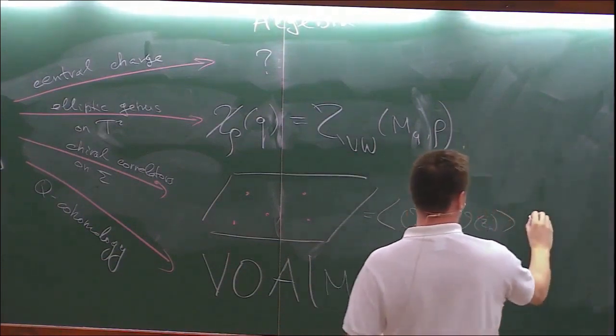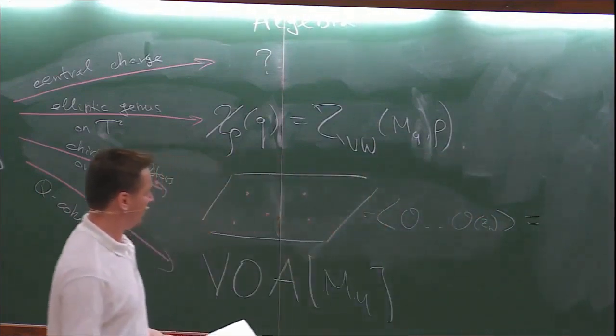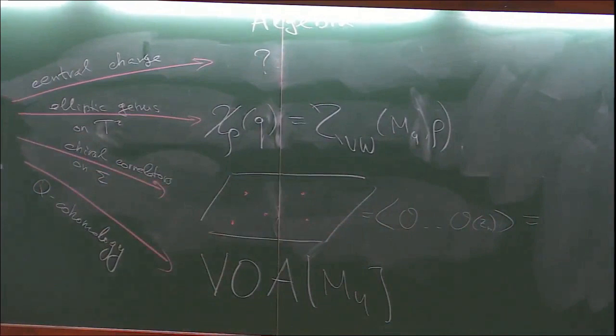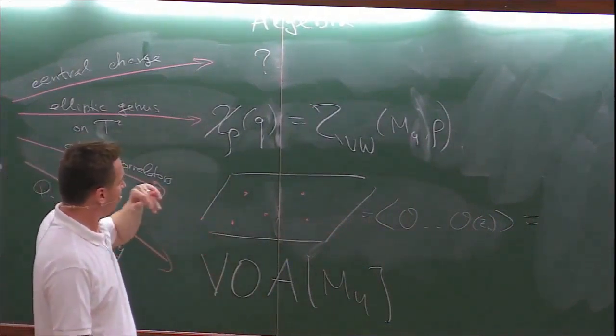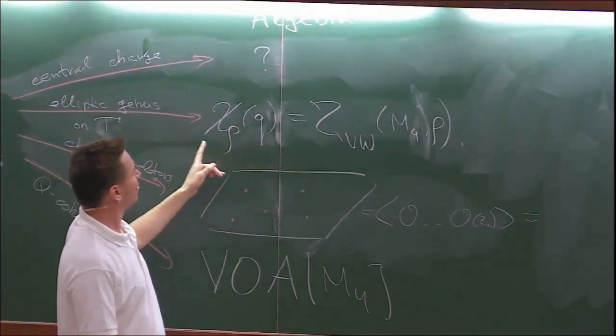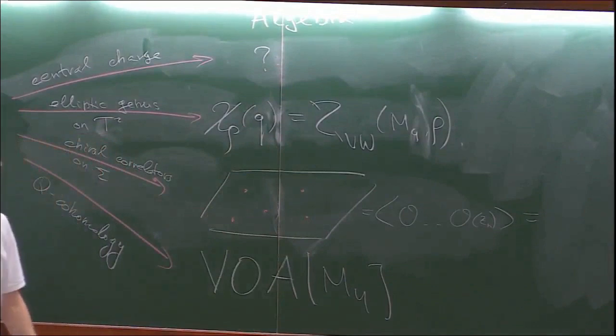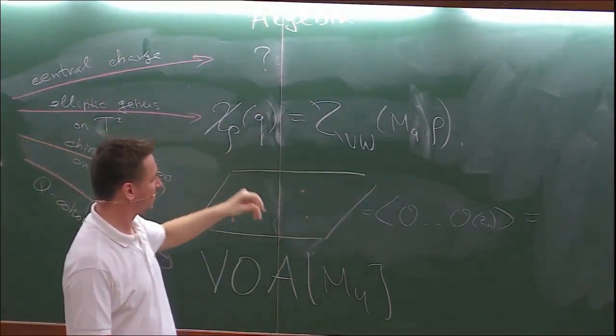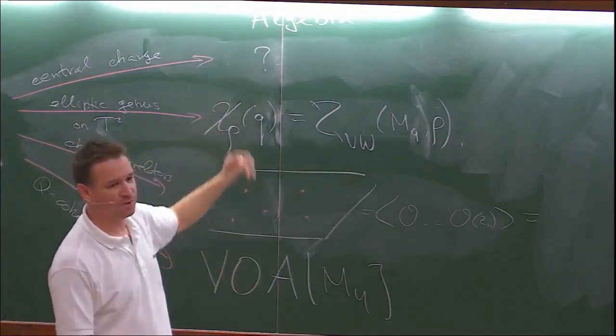By the way, perhaps before I proceed, I should also say that, just to give a complete table, I already said that the characters of the modules for this VOA give the Vafa-Witten partition function. Central charge we'll discuss in a second.